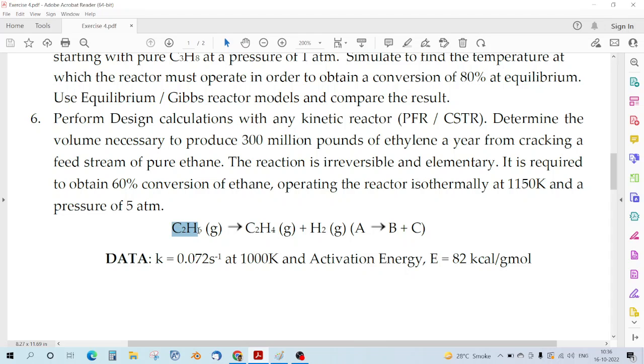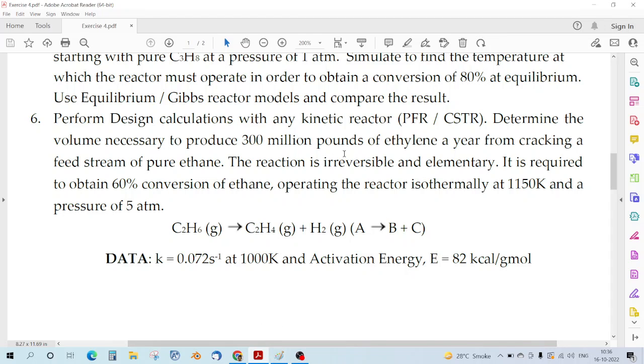The moles reacting would actually produce C2H4, so we first need to find the moles of C2H4 in a better unit, so we can change pounds to kilogram and year to second. Let's change that first.